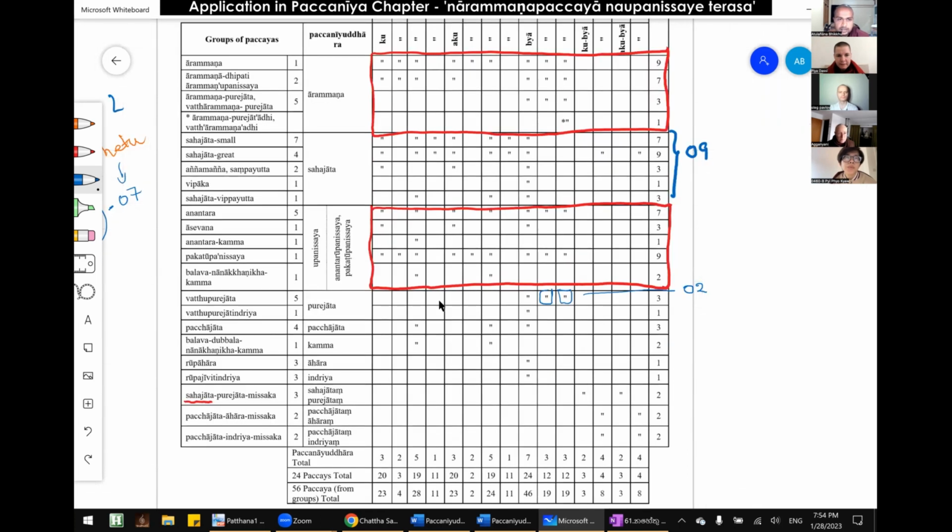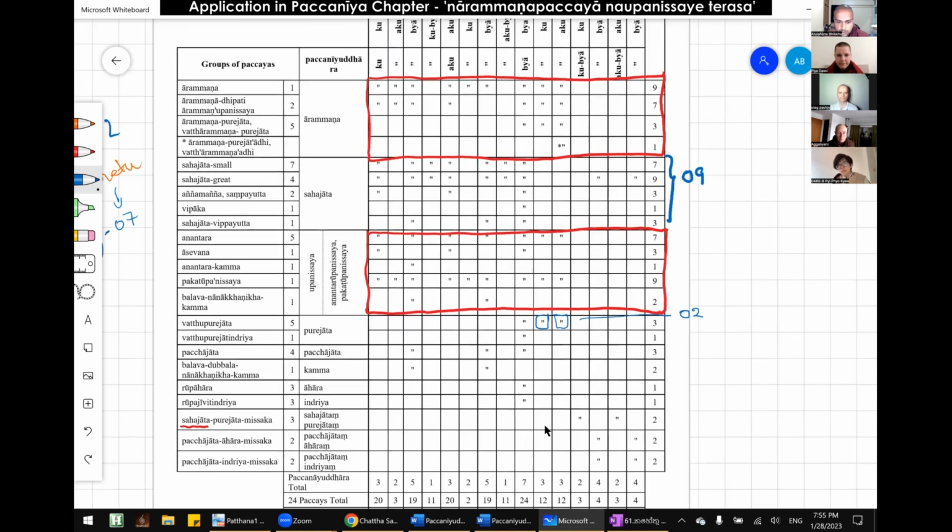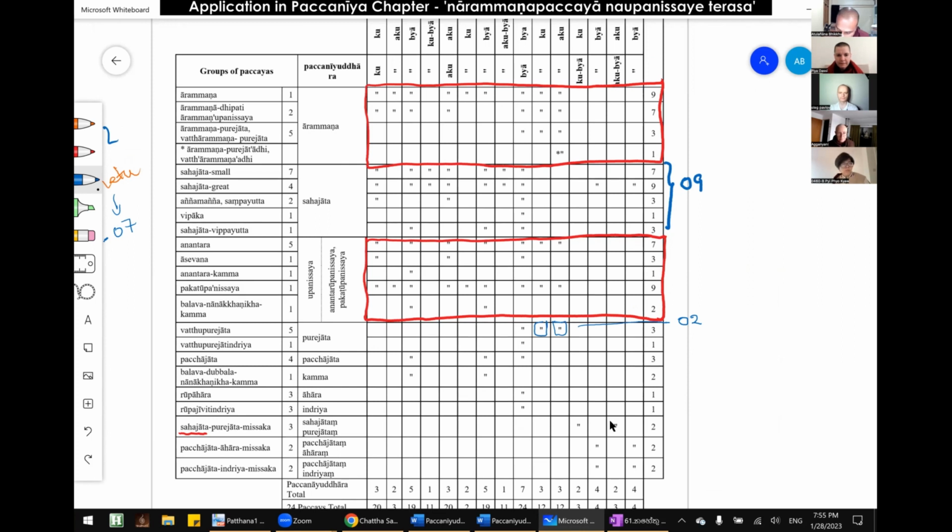And from Paccayuddhāra, it's already included in this 9. Kamma is already included. Ahara and Indriya are already included. And then the Sahajāta Purejāta, we find Kusalabhyakato Kusalasa, and Akusalabhyakato Abhyakatasa. These two are added here. So we are looking at 13. And Paccayuddhāra Missaka and Paccayuddhāra Indriya Missaka Vissajjanās are already included in this 9, so it's not going to change. The total number is 13.